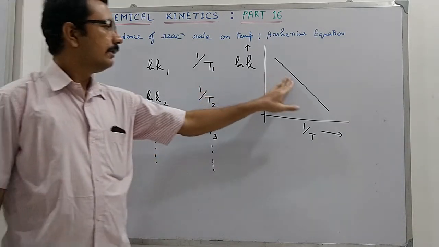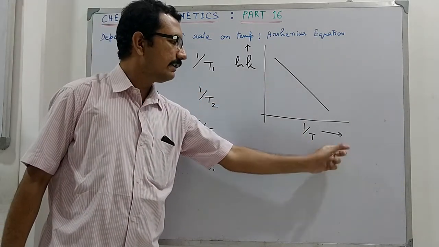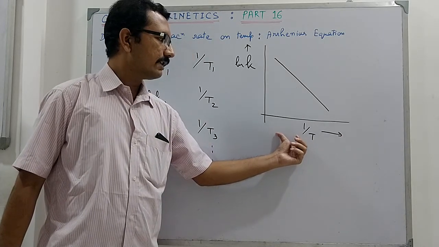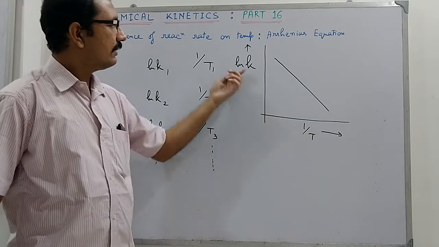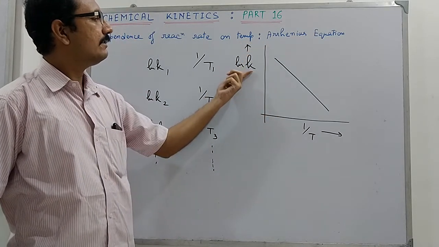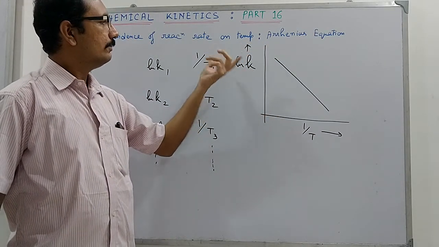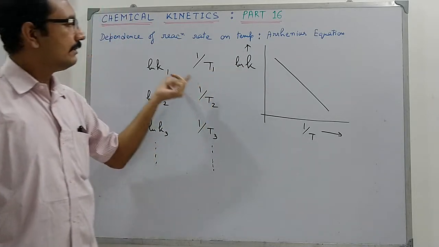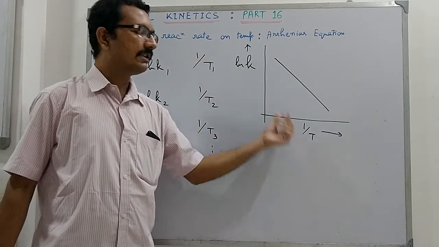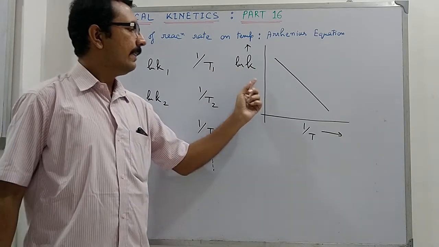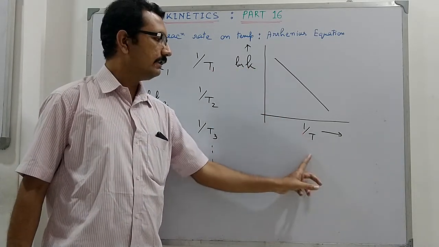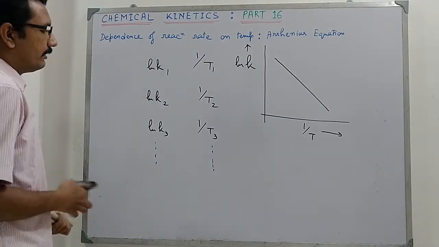Now here you see temperature is increasing in the left direction. Now with increase in temperature, you see ln K increases. So K increases. So here the feature is maintained, that is with increase in temperature the rate constant increases. But he found that this ln K has a linear relationship with this inverse of temperature.